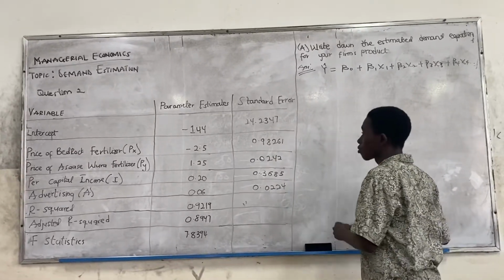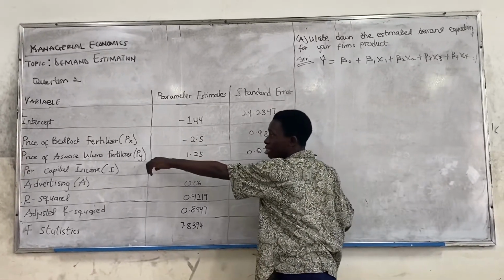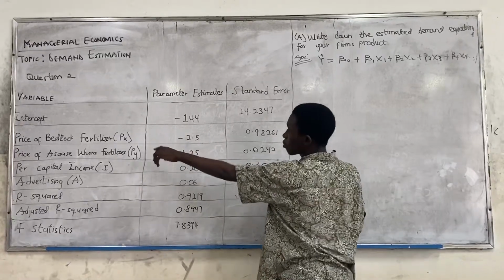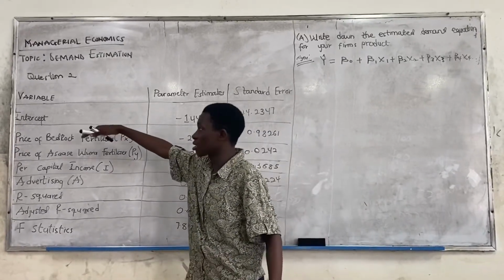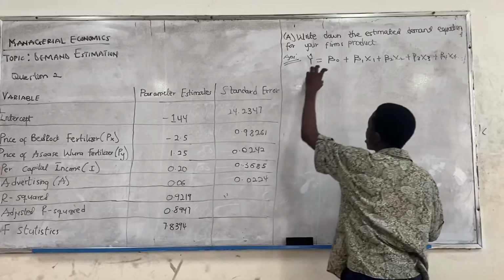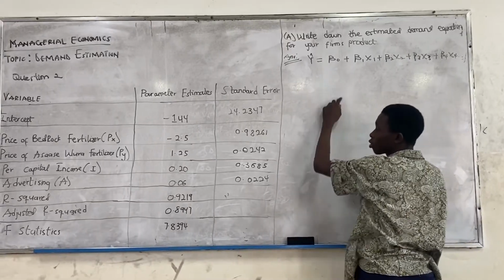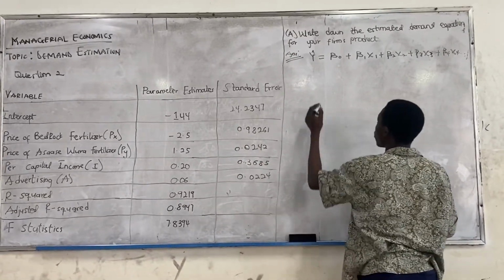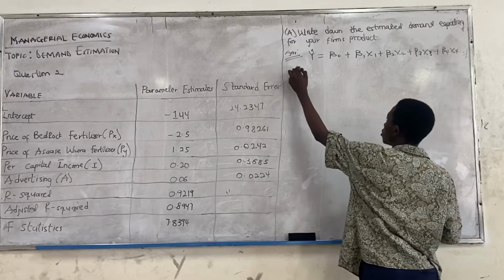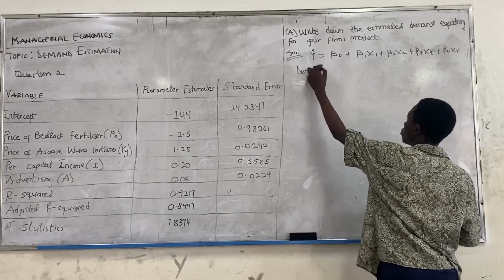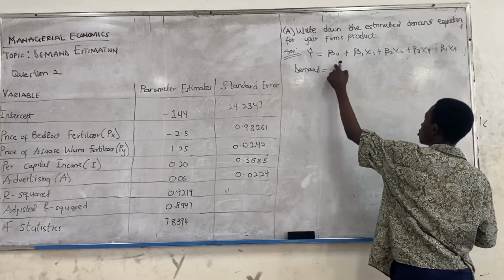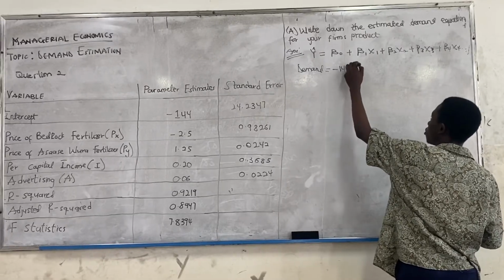This is how we do it. Remember that intercept is the same as constant, so it represents the beta naught. In place of beta naught, we put minus 144.